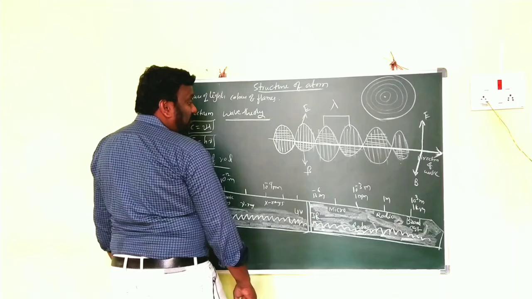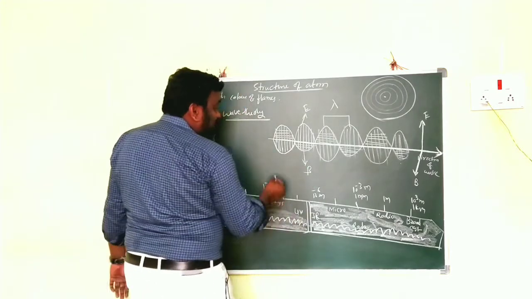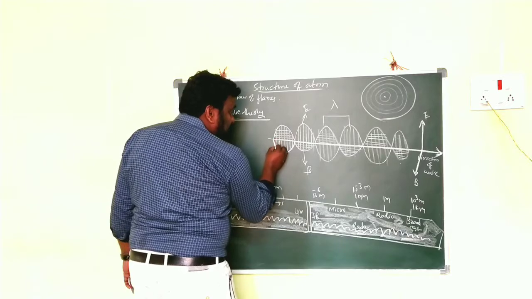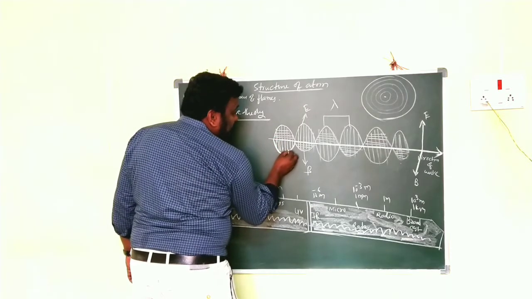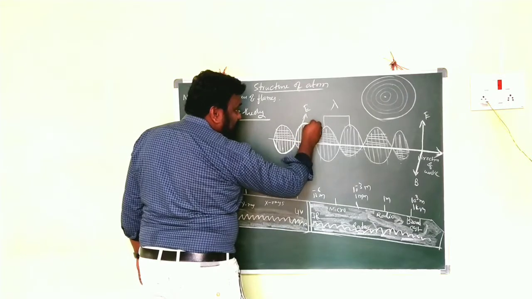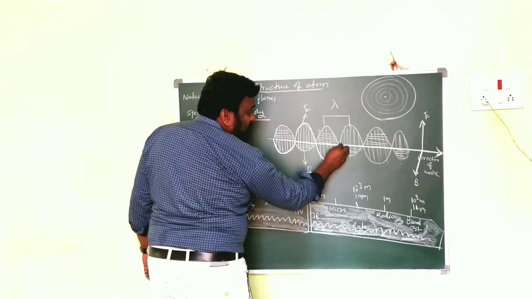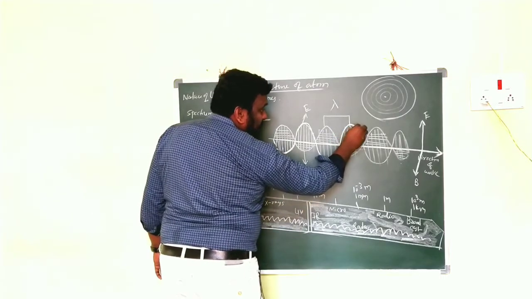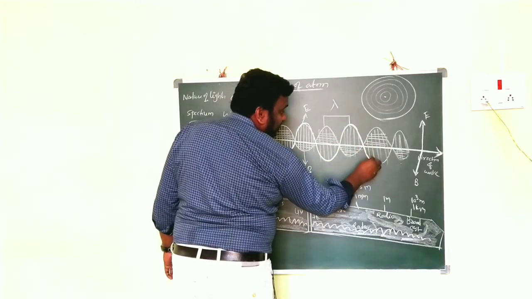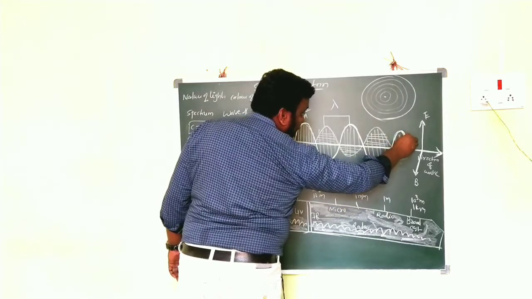Children, you have to observe this diagram. Now I am drawing one transverse wave. You have to observe that. Focus on the line where I am drawing and follow it, children. That is the electric field vector, or electric field.